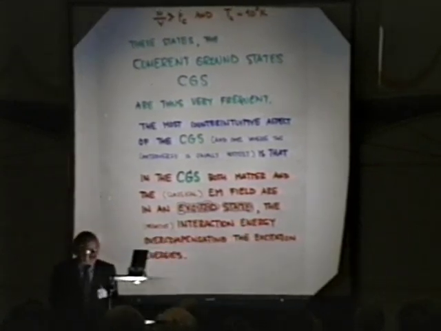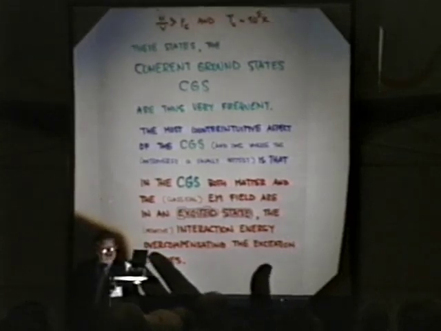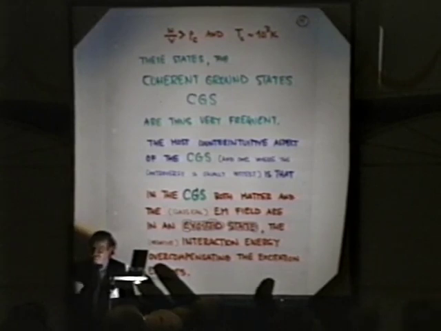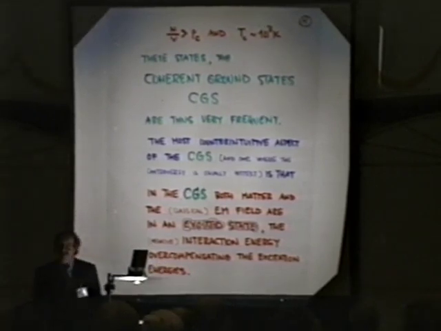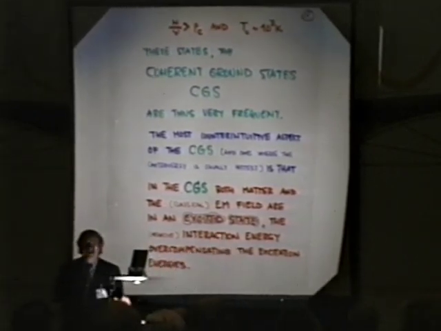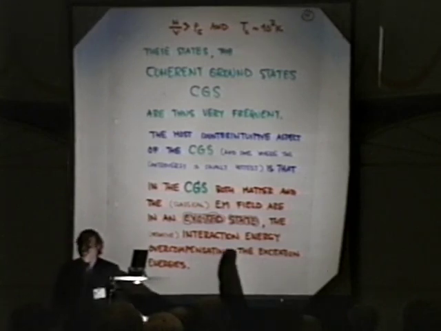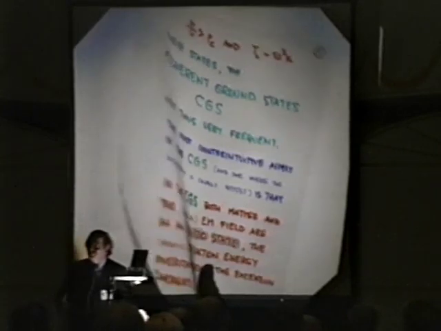The negative interaction energy between these two systems, because of the minimum principle, does overcompensate the excitation energy. So if one looks at these two systems by themselves, they have very peculiar features. They do not have the features you would expect of an object in a state of minimum energy.